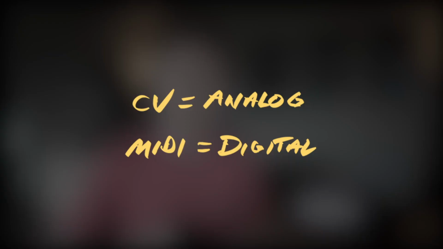So let's talk for a moment about the similarities and differences between MIDI and CV. Control voltages are measured in volts, and in an analog synthesizer, the range of this voltage can vary. So it can be plus or minus 5 volts, plus or minus 10 volts, and a common implementation of control voltages to control pitch on an analog synthesizer is with a concept known as volts per octave, where 1 volt was the equivalent of 1 octave.